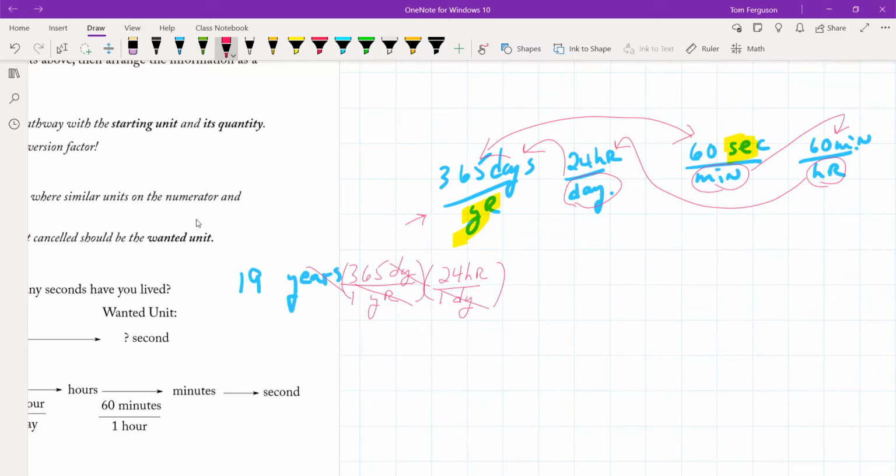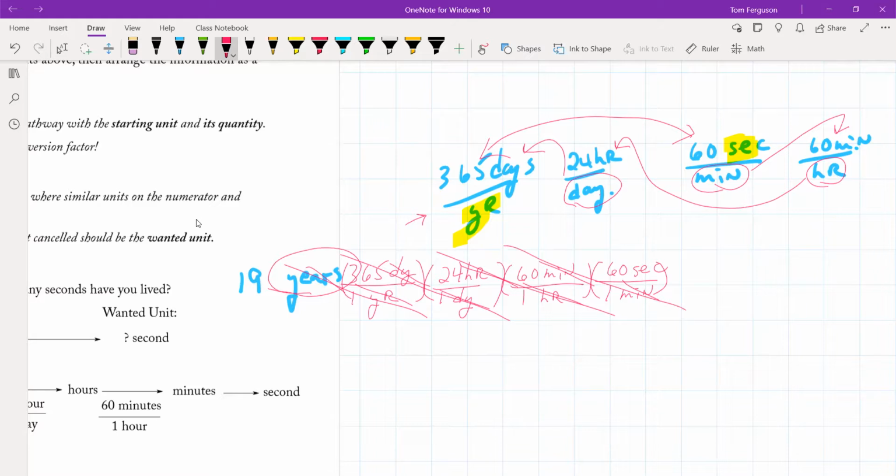Now we're going to take the hours, convert that to minutes. And then we're going to take the minutes and convert those to seconds. I want you to notice, we started with years and everything canceled unit-wise except seconds. And what are we trying to calculate? Seconds.